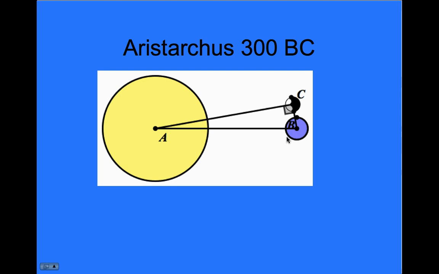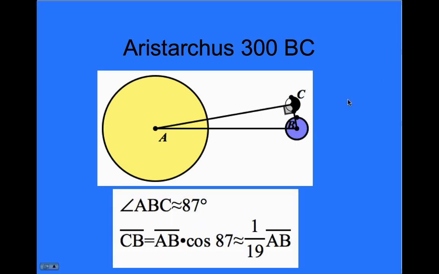He said this is the configuration of the earth, the sun, and the moon when we have this half moon. And he estimated this angle, ABC, to be about 87 degrees. If it is 87 degrees, we can use trigonometry to show that CB, the distance from Earth to the moon, is about 1/19 the distance from the Earth to the sun.